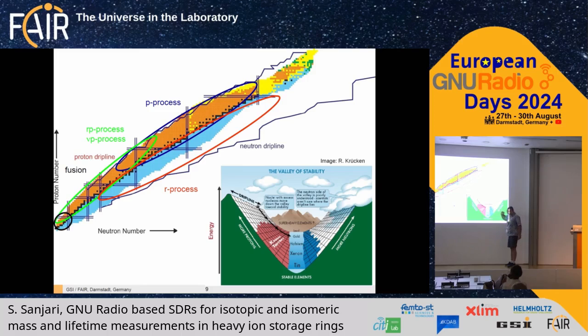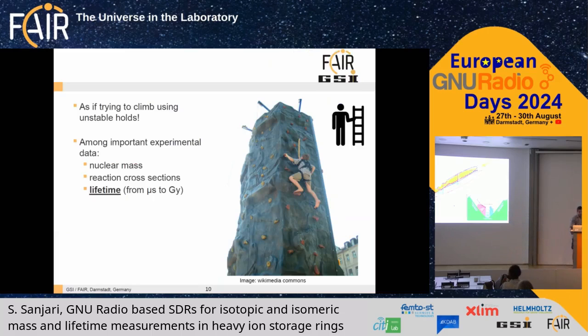The problem is that the stages where the elements are trying to evolve can be temporary. It's as if you want to climb a ladder, but any of these bars or holes is available to you for only a couple of milliseconds. Either you manage to climb within that time, or you cannot reach that energy level.